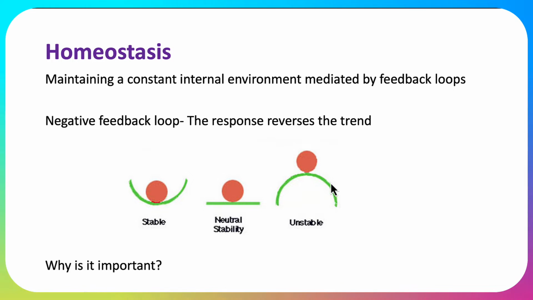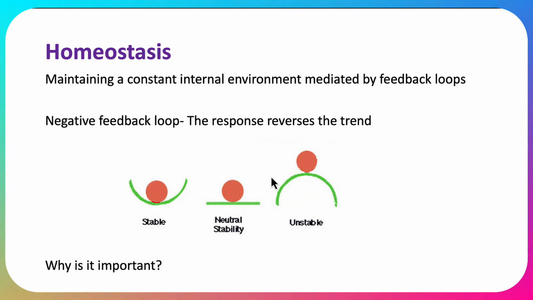Now, the alternative is if we were to take that bowl and turn it upside down and put a ball on top of that. If we were to push that ball, it's going to roll away from the midpoint and it's actually going to accelerate as it moves away. So the response increases or amplifies the trend. The trend was to push it this way, and actually the response was to increase that.